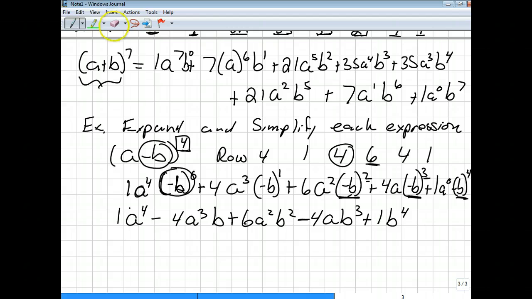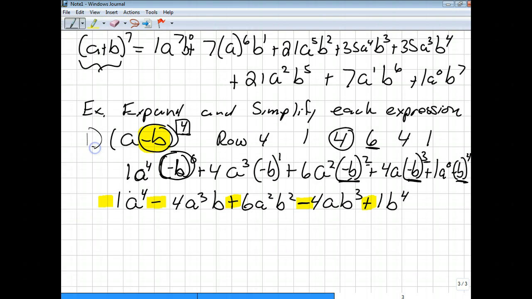Okay, notice then that when the second term is negative, your signs alternate. This is plus, minus, plus, minus, plus. So when this is a negative, your signs are going to alternate. Okay, example 2.